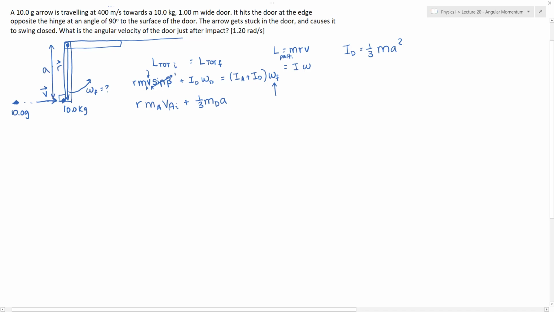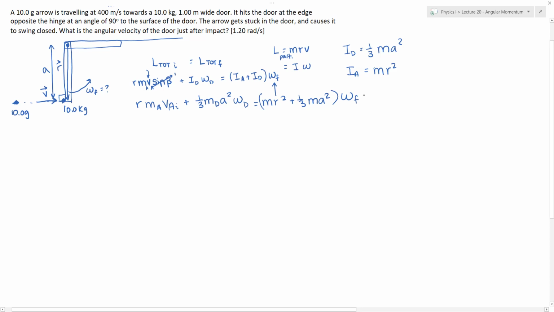It's the width of the door, squared, times omega of the door, is equal to I of the arrow. So the moment of inertia of an arrow is just mr squared plus I of the door, which is 1/3 ma squared, times omega final.